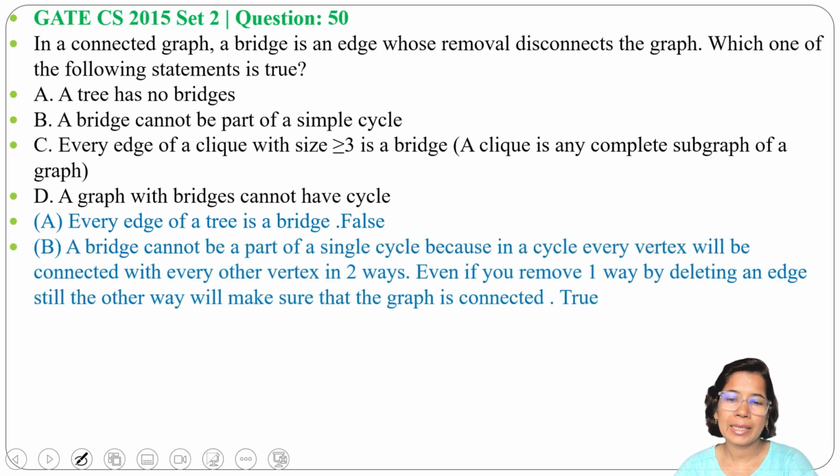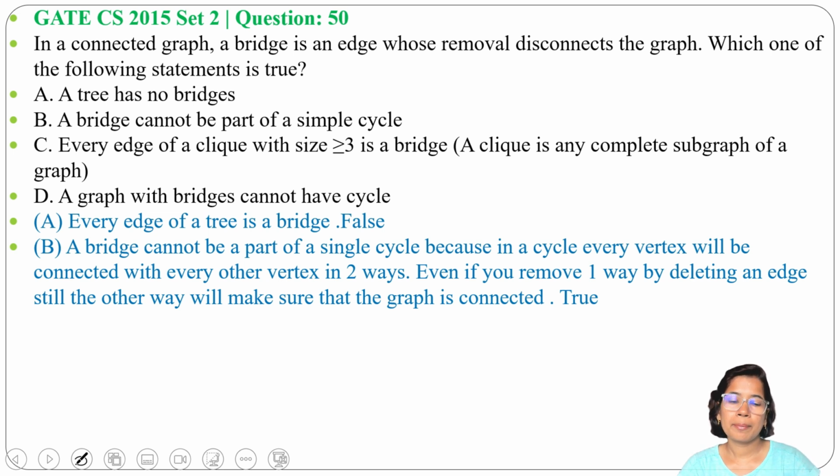Next, option C: every edge of a clique with size greater than or equal to 3 is a bridge. A clique is a complete subgraph of a graph. Complete subgraph means every vertex is connected to every other vertex. As a clique is a complete subgraph, or we can say itself a complete graph, by removal of any single edge it will not disconnect the graph.